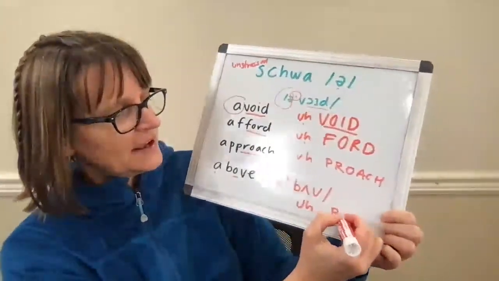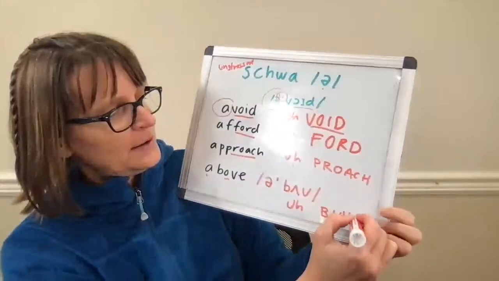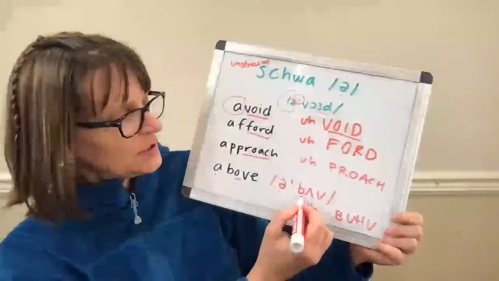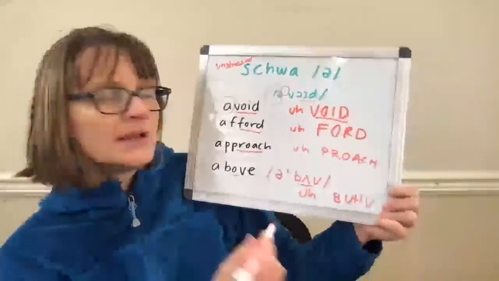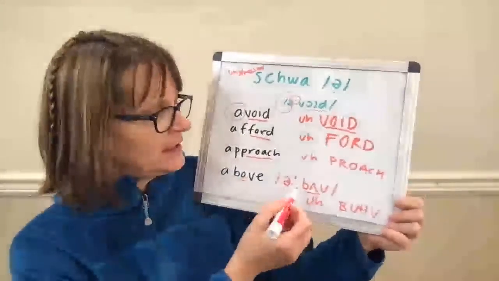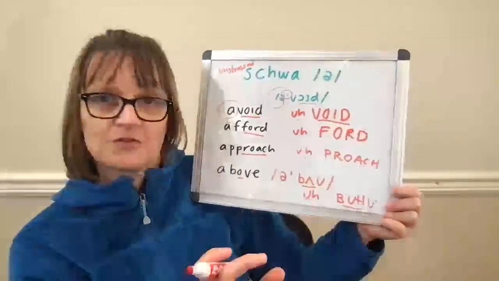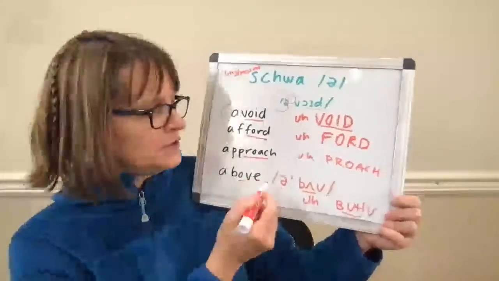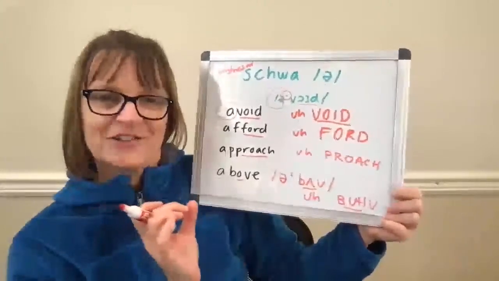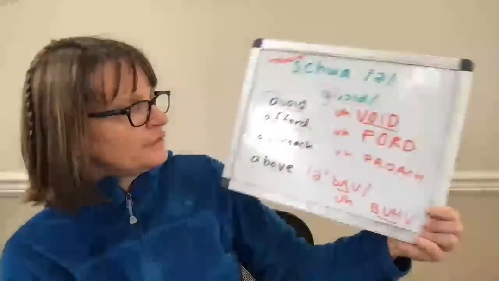It's going to sound like above. The difference between these two is that this one is short and this one is long. So it's the same sound, same tongue position. It's just that we have a clear vowel in the stressed schwa, and we have a reduced vowel sound in the unstressed schwa, above.